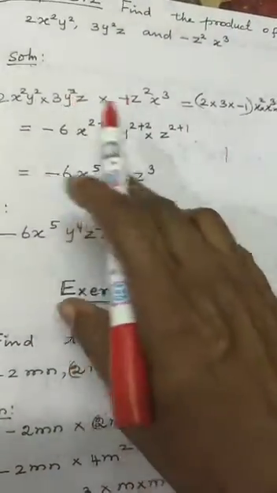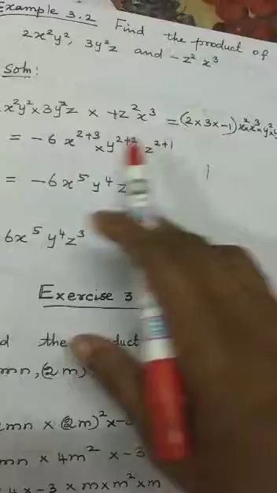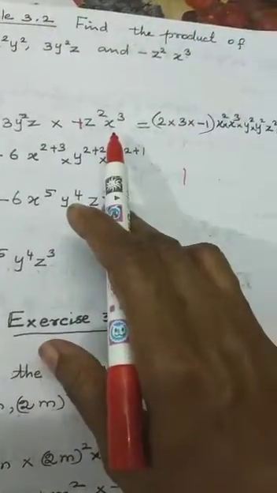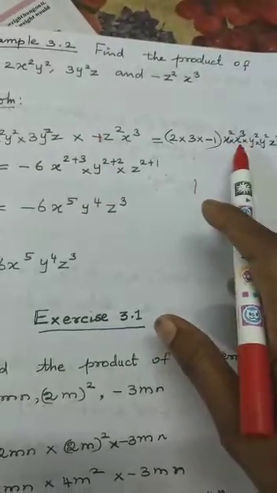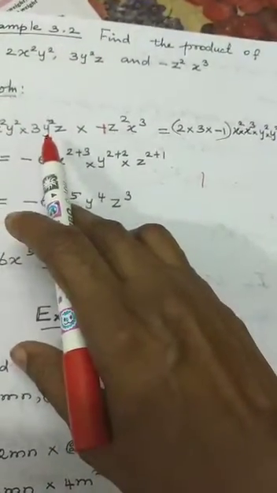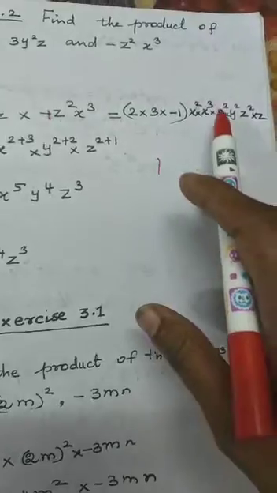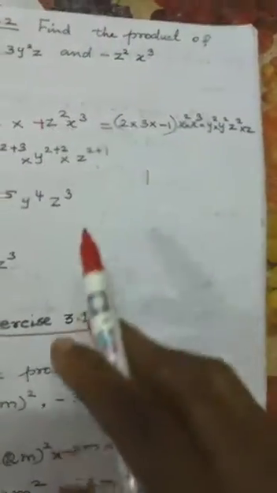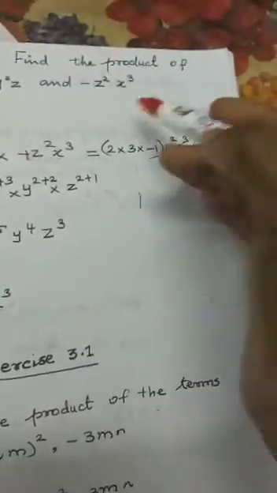2 into 3 into minus 1. Then remaining is x square, x cube we have, isn't it? So x square, x cube. Then y square, y square. Then z, z square. Okay. We are going to add using that formula.